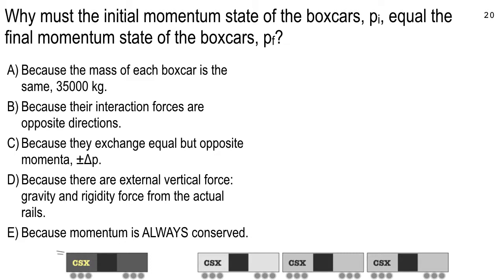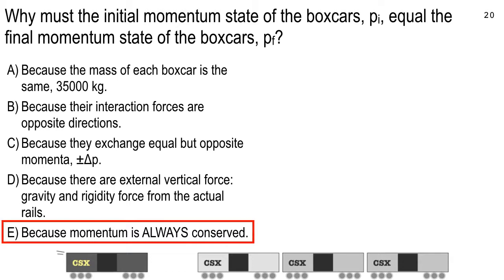D, because there are external vertical forces, gravity and the rigidity force from the actual rails. E, because the momentum is always conserved. And actually, E is the correct answer. This is a law of physics that momentum is always conserved. It's called conservation of momentum.